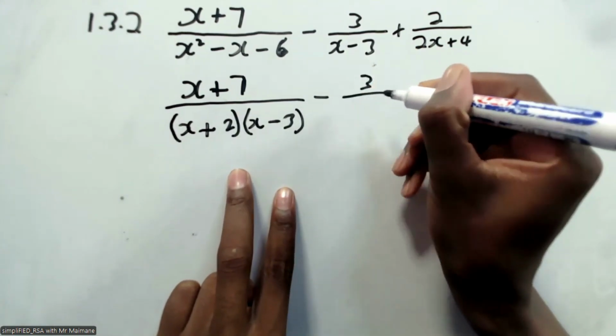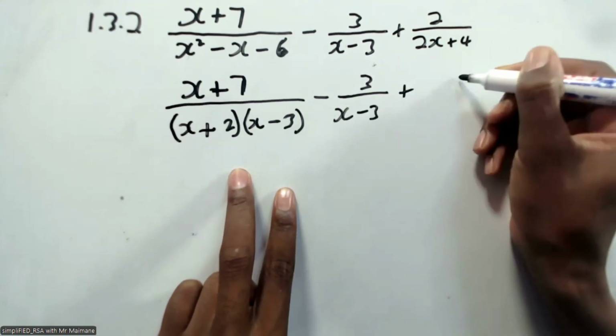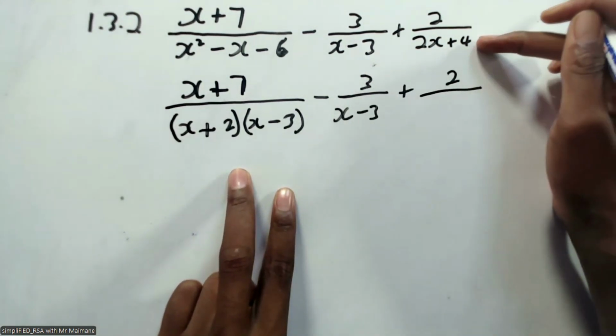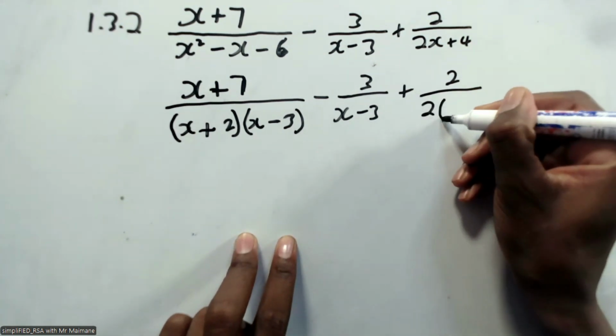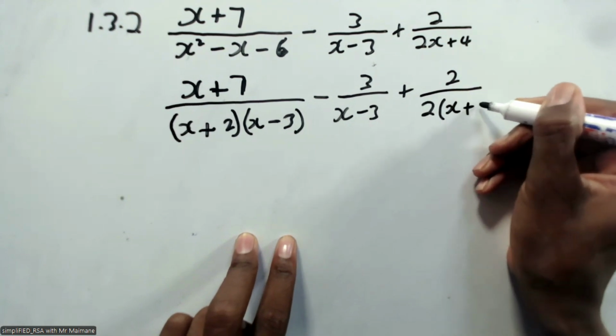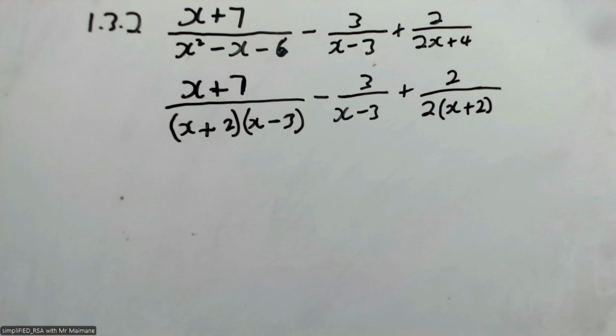Minus 3 over x minus 3 plus 2 over, here I have a common factor of 2. If I take out the common factor of 2, I would be left with x plus 2 from what I have inside the brackets.